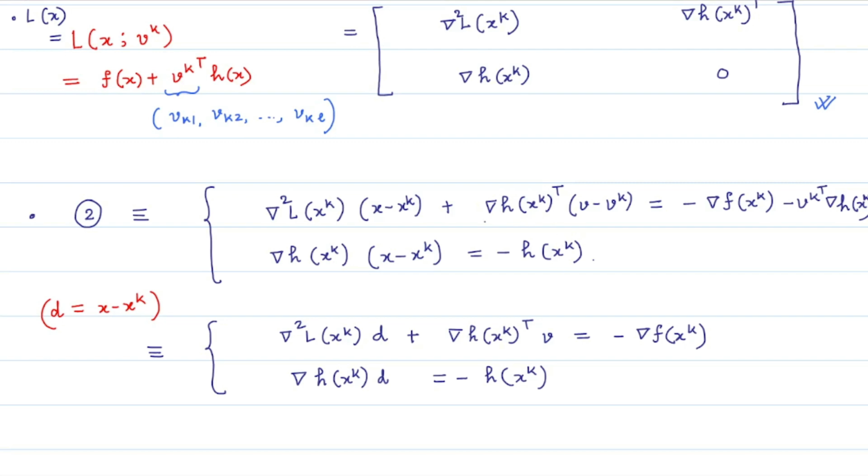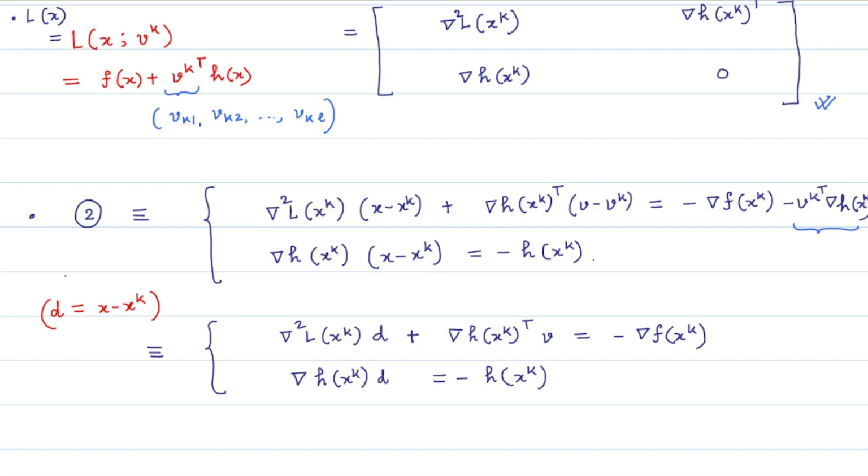Because you just explicitly write this term in the expanded form, and you will find that this second term will get cancelled with the second term over here, and finally you will end up with this Hessian times the vector d plus this expression, the Hessian of h at the point xk transpose v, equal to, on the right hand side, the leftover part, negative gradient of f at the point xk. Fine. And the second equation here is simply you just plugging d equal to x minus xk.